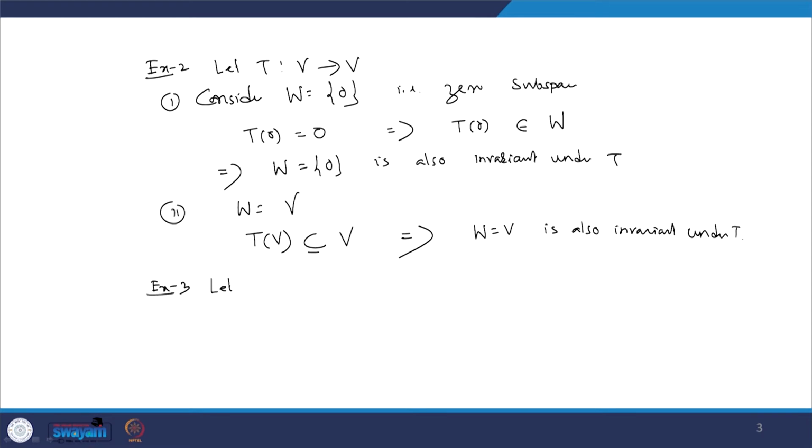Let V be the space of all polynomial functions over the field capital F. So, we know V is a vector space.